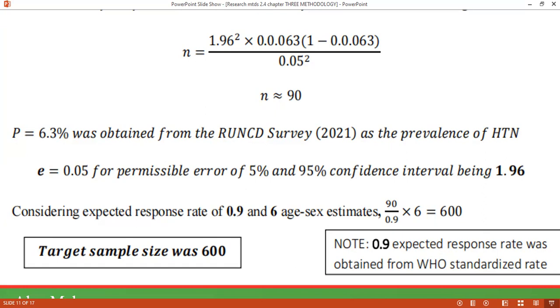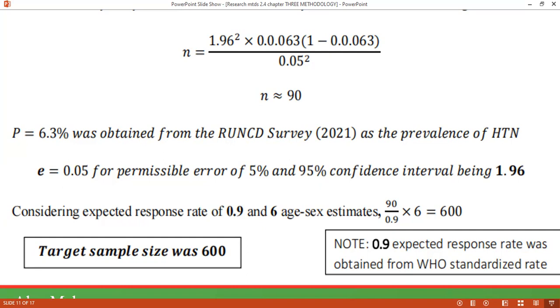It was obtained from WHO standardized rates. So why did I define each and everything here? To show my supervisor and the research review board who will review my research that each and everything here was from somewhere, and where it came from is the World Health Organization, not just something I planned by myself.